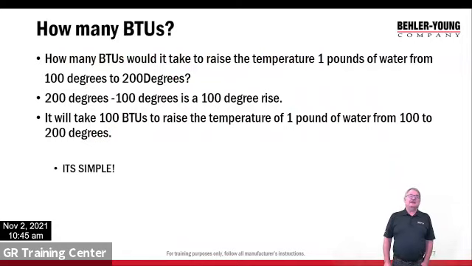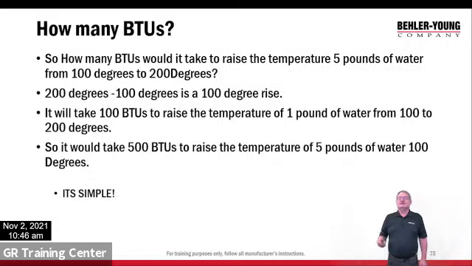From there, I can determine a bigger amount of water, but it's that simple. So hopefully that makes sense. It'll take 100 BTUs to raise the temperature of 1 pound of water from 100 to 200, 1 BTU per degree per pound. And again, we can build off of this. When we get into boilers, we can determine pump size and everything else. It's all based off of this.